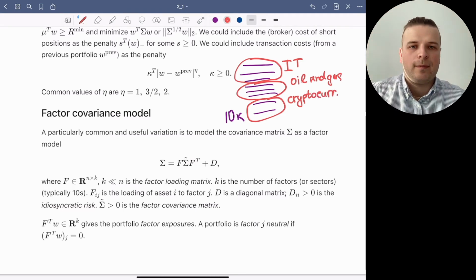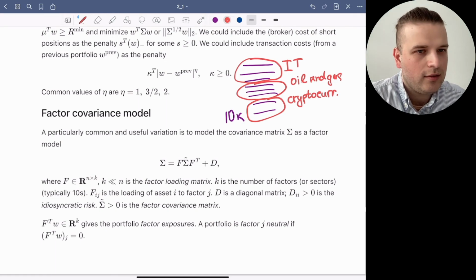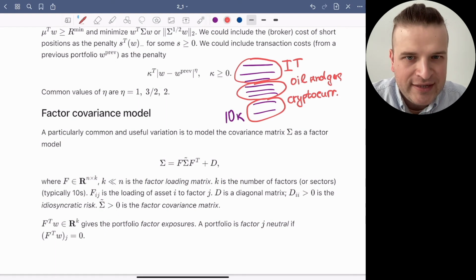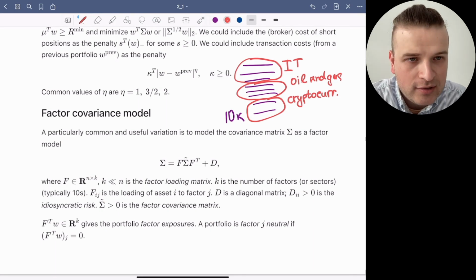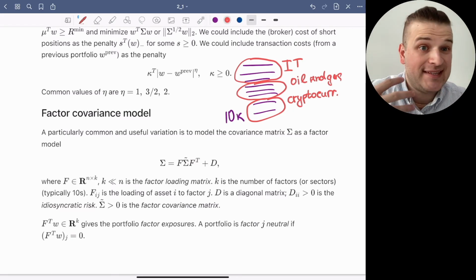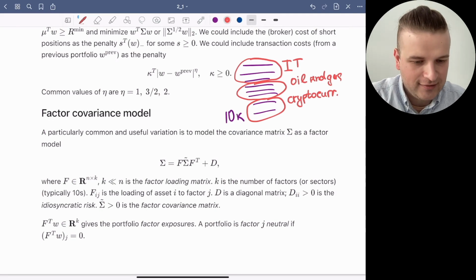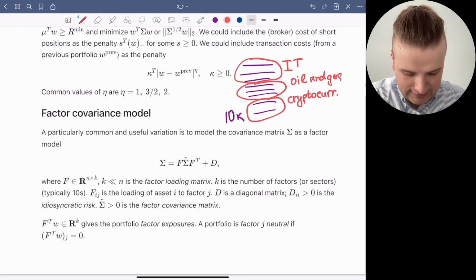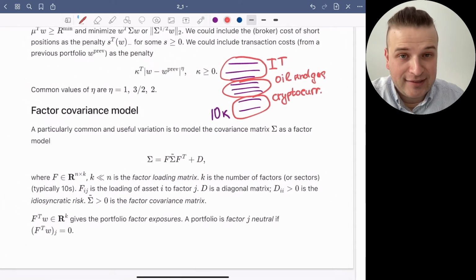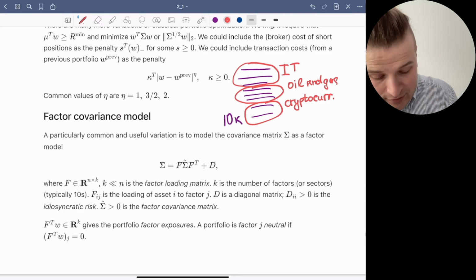And you are defining how much each of these 10,000 assets is loaded to some sector, some factor. Sector is the term from economics, and factor is from mathematics here. And you actually factor your covariance matrix because it's too big to store and to operate with.